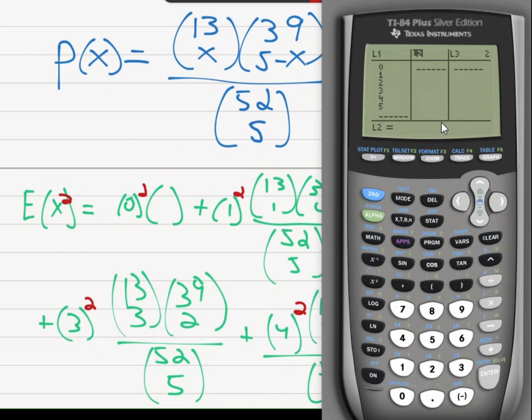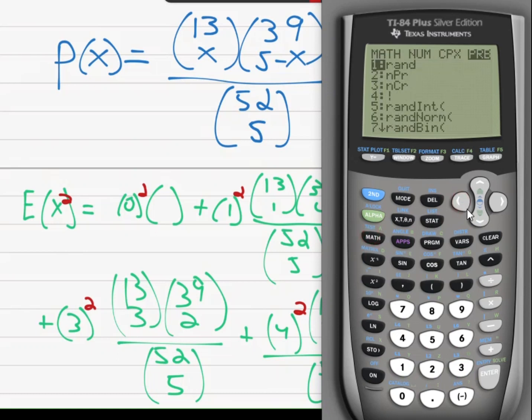So here's how it's going to work. I'm going to type 13 choose X, right? Well, I'll go math, probability, option 3. So 13 choose X, but for X, I just want it to use the value just to its left. So I'm going to go second L1, right? So 13 choose whatever is sitting next to me in L1.